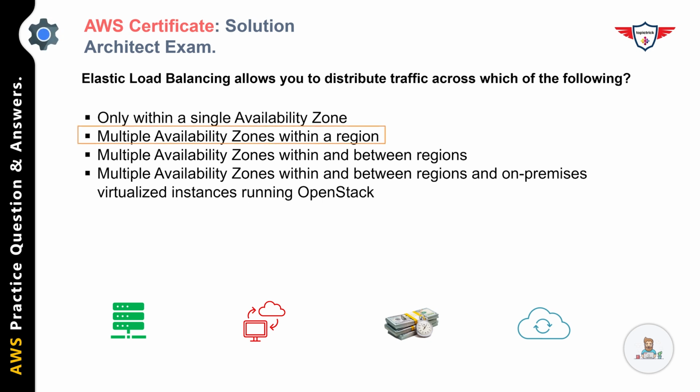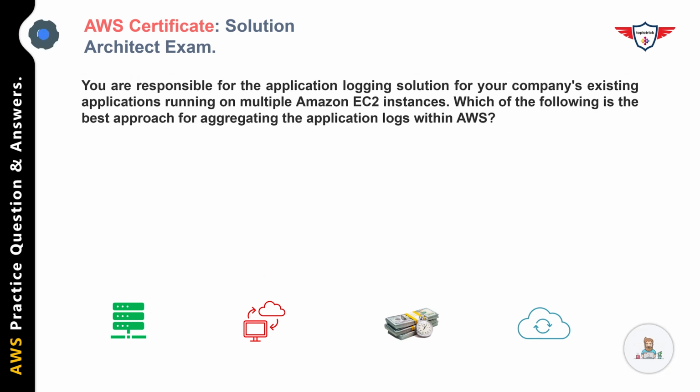The correct answer is multiple availability zones within a region. The Elastic Load Balancing service allows you to distribute traffic across a group of Amazon Elastic Compute Cloud, that is Amazon EC2, instances in one or more availability zones within a region.